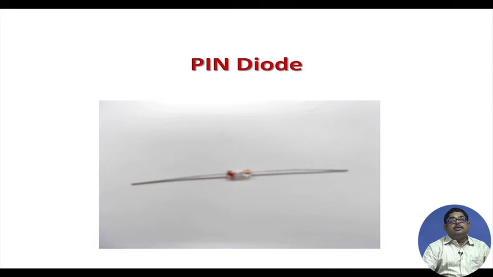Now, the next diode that we see is the PIN diode. Do not write P small, I small, n small; these are all capital. P is the P type semiconductor, I is intrinsic, there is an intrinsic, non-doped layer, and then there is an N type semiconductor. So, this is a PIN diode.